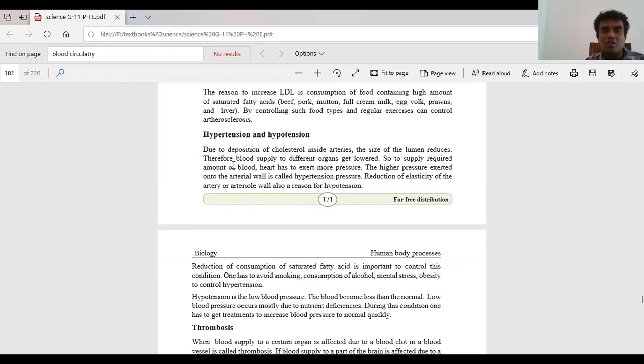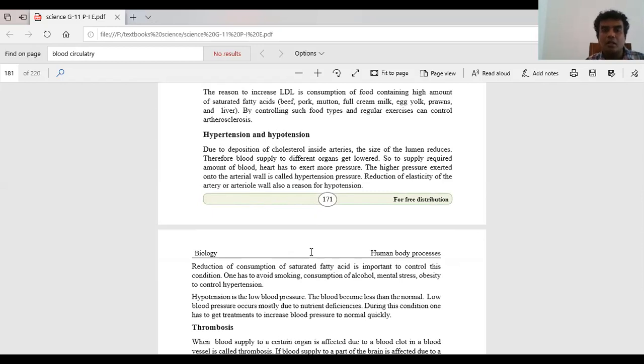In hypertension, the blood pressure increases above the normal value, but in hypotension, there's a low blood pressure condition. Most people suffer from hypertension due to a number of reasons. One is the intake of saturated fatty acids, as I told from the last discussion.